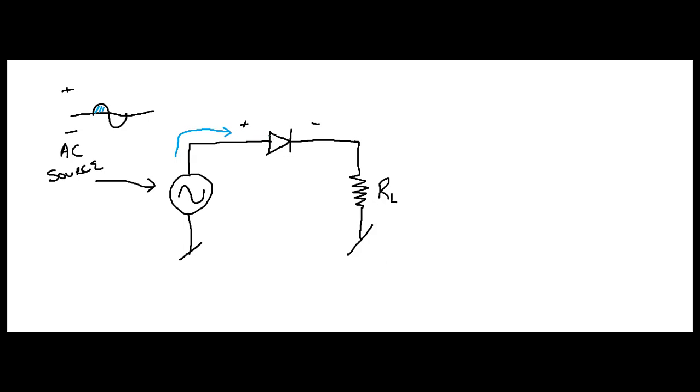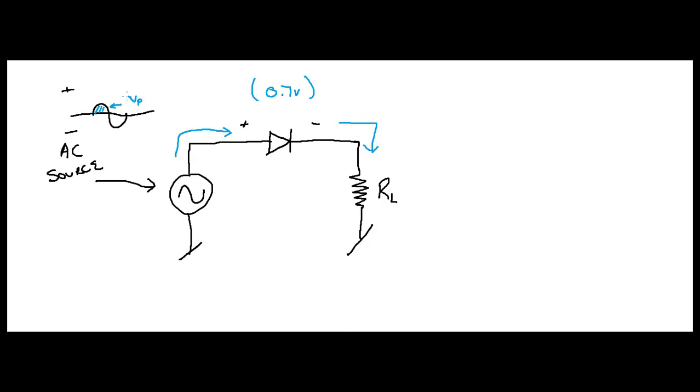Now it's going to go through your diode, and then it's going to come down and go through your load resistor, all right? Now, remember, what's your voltage drop across a diode? Assume it's a silicon diode. It's 0.7 volts, right? When you look at this signal coming in, the very top of that is called V peak.